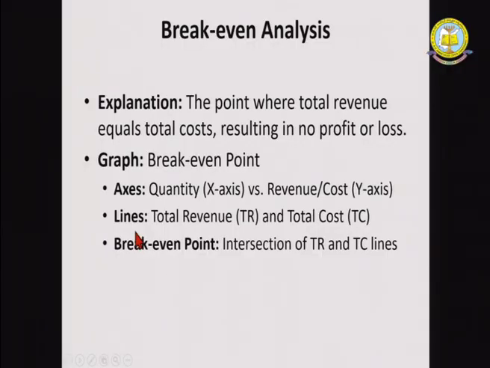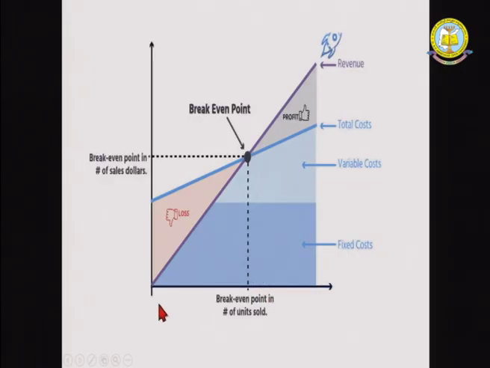In break-even analysis, on the y-axis you plot the revenue and cost, and on the x-axis the quantity. You see here there is a total revenue curve and the total cost curve. It is a recap of the cost concepts, and I am not going to repeat it too much, but I just want you to have a look at how the total cost curve is overtaken by the total revenue curve.